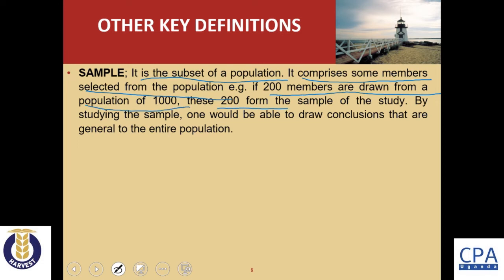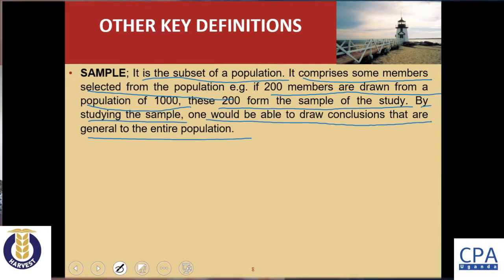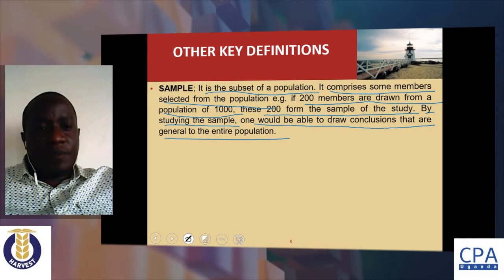The 200 form what we call the sample of the study. By studying the sample, one would be able to draw conclusions that are general to the entire population. So the characteristics of the sample will reflect the characteristics of the entire bigger population.